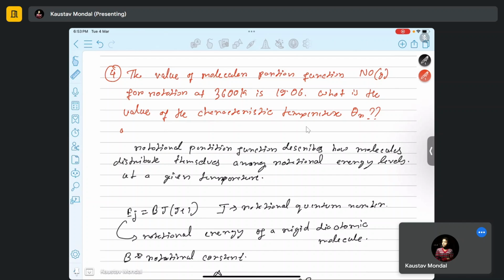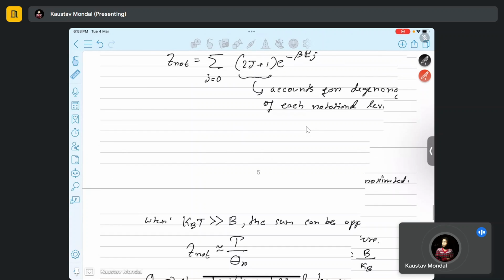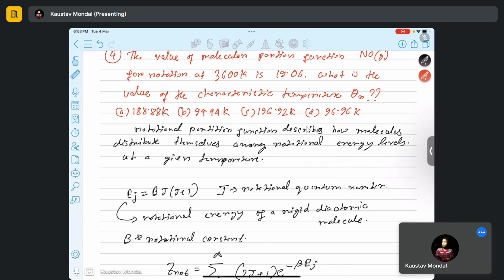Option A was 18.88, option B was 94.44, option C was 196.92, option D was 96.96 Kelvin. These four options are given, and the correct option would then be option A, 18.88. This is the correct option. Okay, so question number 4 is done.